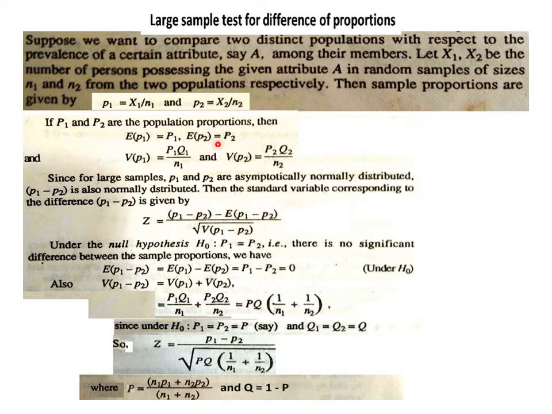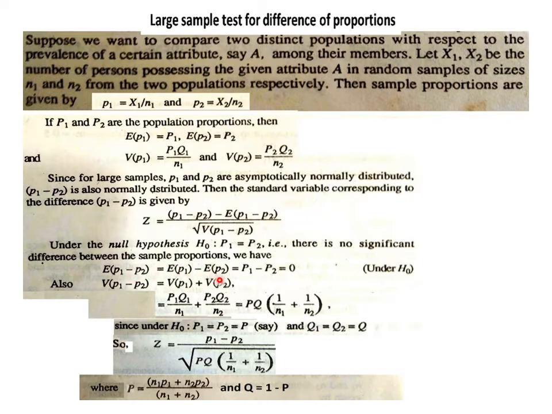In the next lecture, when we discuss a problem, we will see that under the null hypothesis p1 and p2 will be approximately identical. As there is no significant difference between the sample proportions, we have to calculate E(p1 minus p2) to find z. Using the formula of expectation, E(x1 plus x2) is always written as E(x1) plus E(x2), and as the negative sign is there, it is E(p1) minus E(p2).